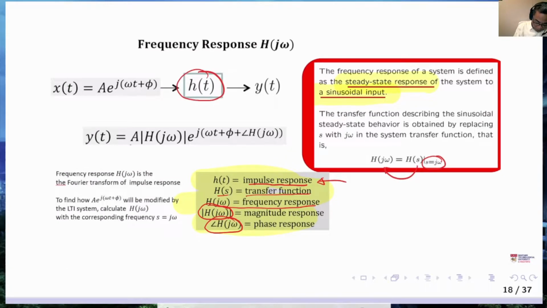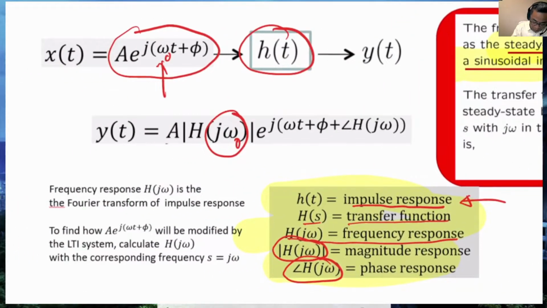Now, let's say A e^{j(omega t plus phi)} is our input. So the input is no more 1 times e^{j omega t}. It is A e^{j omega t}, whatever omega this is, for example, omega naught. Then we take this omega naught, the frequency of the input, and substitute it as j omega naught into the frequency response to get a complex number. We take the magnitude of this and put it here.